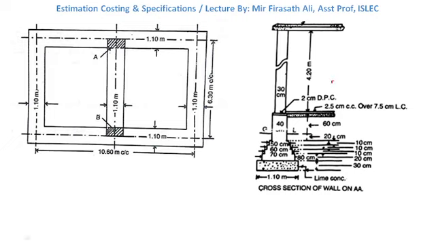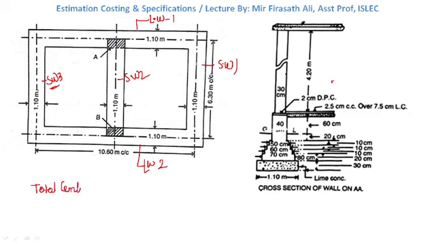This is long wall 1. This is long wall 2. Here, look at over here. This is short wall 1. Second is short wall 2, and we have short wall 3. So, first of all, we will find out the total center length.